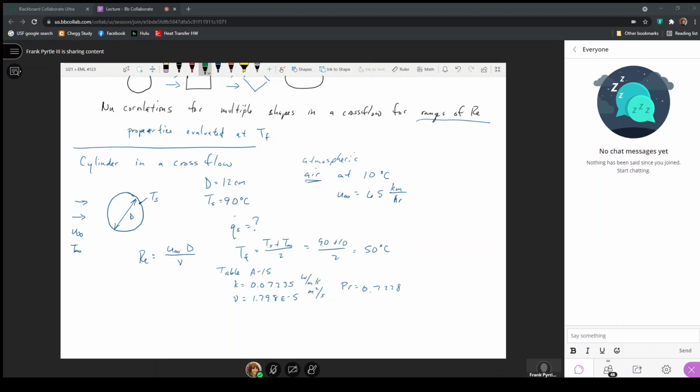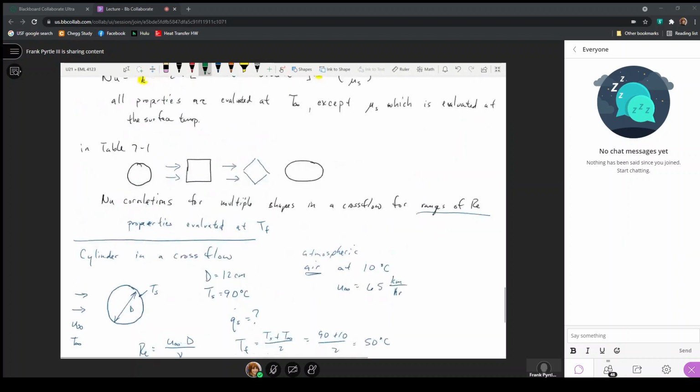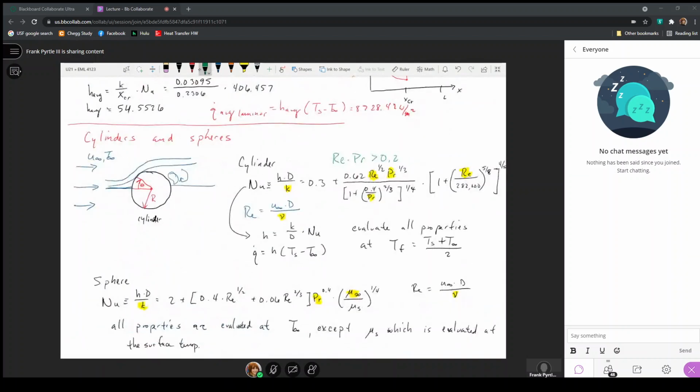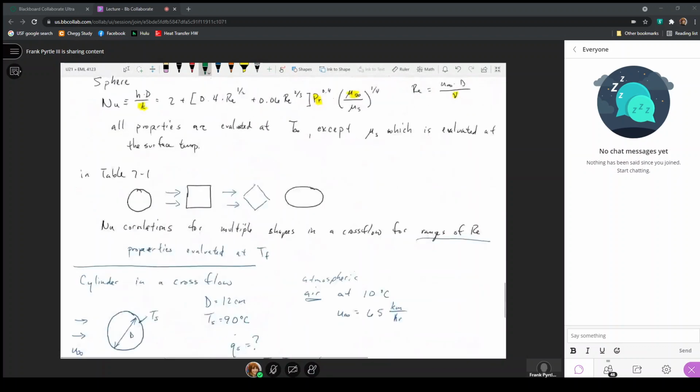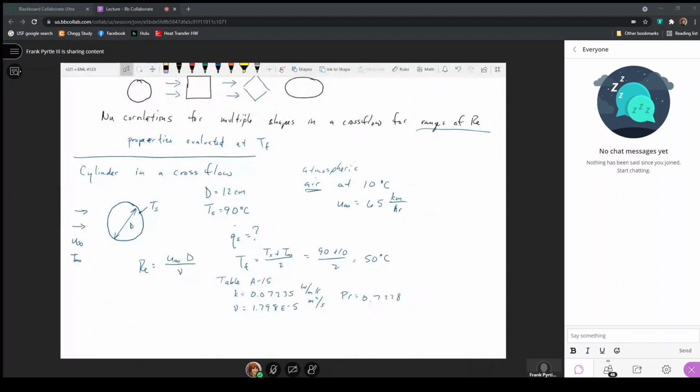We're going to use the correlation that is valid for the Reynolds number times Prandtl number greater than 0.2. So with this correlation and the appropriate correlation from table 7-1, because they're different correlations, you will get different values calculated for the Nusselt number, and thus different values for the heat transfer coefficients.